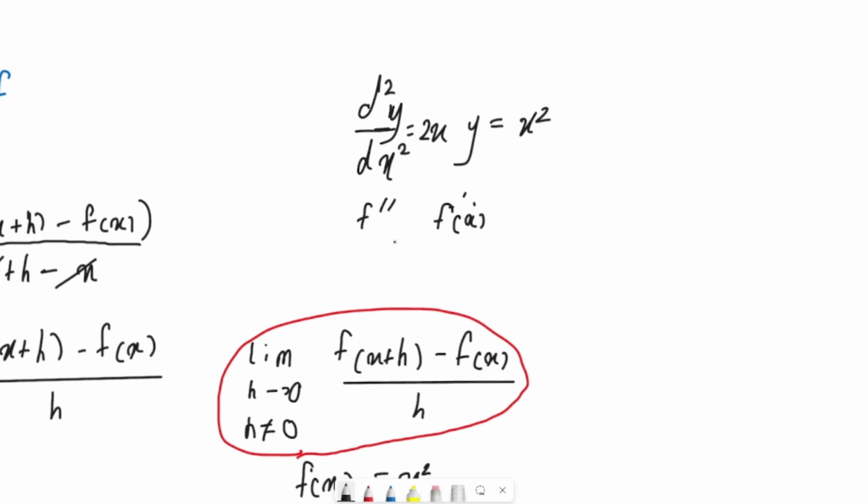But these are the two notations we use for derivatives.